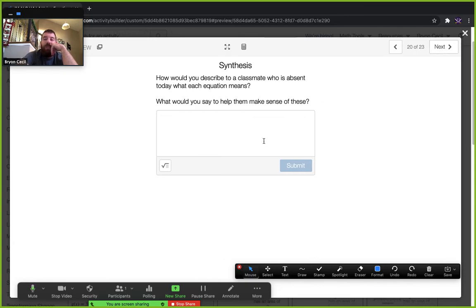All right. How would you describe to a classmate who is absent today what each equation means? You would basically say the left side of the equation will give us the input, right?